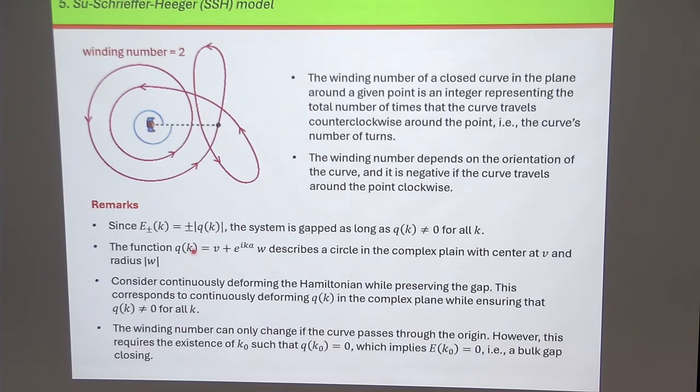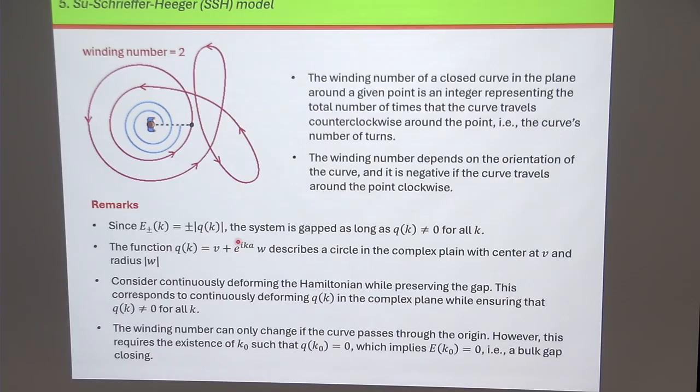If you change K from minus pi over a to pi over a and make a plot of this function, I will show you how this looks in a moment, but you will see that this is actually a closed loop. And then what you will be looking at is how many times this closed loop goes around Q equals 0, which is when you have a gap.